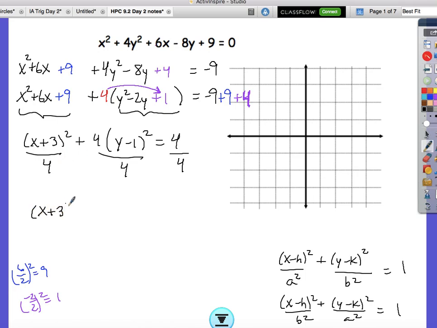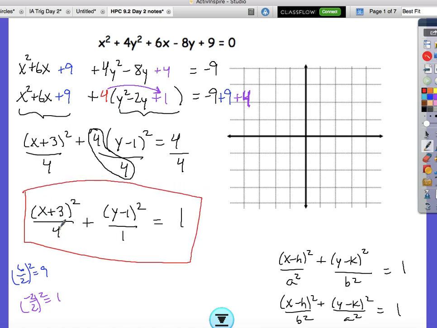So then I will have the quantity x plus 3 squared over 4. Here, these will cancel. I should always reduce if I can. So whatever these numbers are here, reduce them. So in this case, it would just be a 1, because technically those would cancel and I would have 1 in my denominator.